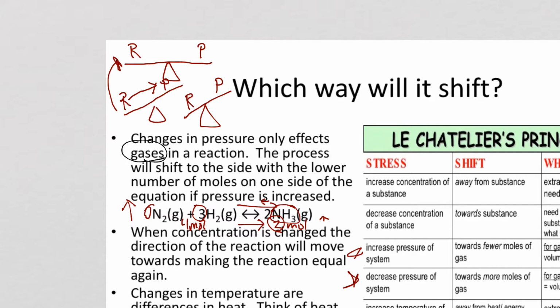I wouldn't say there's more reactants, but because there's less products, because I removed some, the reverse reaction rate is going to be diminished, while the forward reaction rate is going to continue on at the same pace. So the idea is that the overall net change would be a shift from reactants to products.